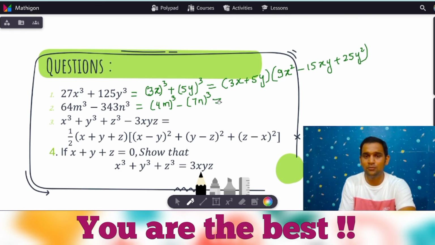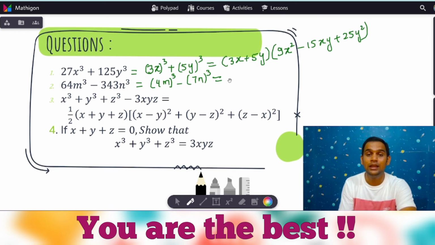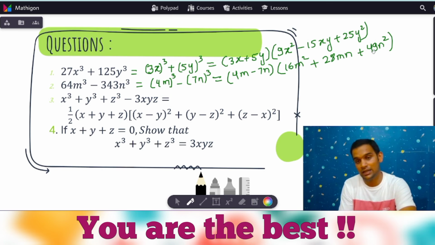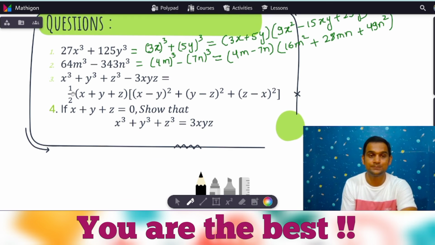So its factor form will be 4m minus 7n, and then when you multiply, 4m square becomes 16m squared plus 4m multiplied by 7n, 4 sevens are 28mn. This becomes plus 7n the whole square, so 49n squared. I hope that is very, very much clear.